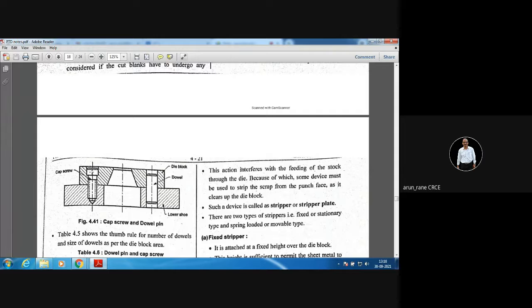Then depending upon the head size, the thickness of the head is around 1.25 times the diameter of the bolt. Empirically, you can take this thickness as equal to the diameter. Suppose you have M8, then this size also can be 8 mm.